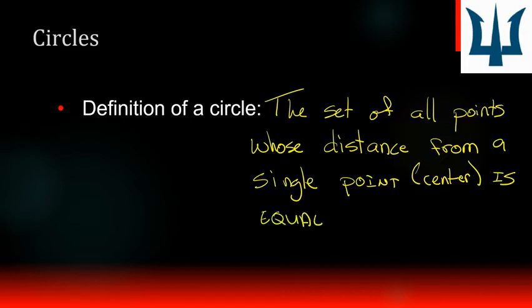So when we say circle, what we're saying is there's a point right here. We want to know all the points that are the same distance away from that. So we want this distance away in all of those points. No matter where we go in that circle, we need to be the same distance away. So that's what we mean when we define a circle that way.